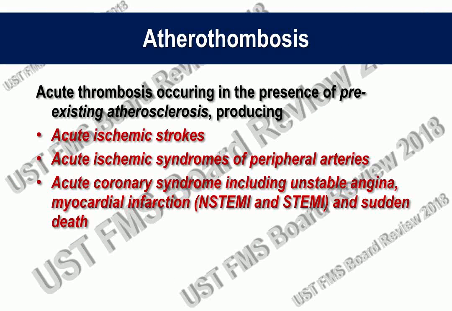Atherothrombosis is defined as acute thrombosis occurring in the presence of a pre-existing atherosclerotic lesion. These events consist of the following: an ischemic stroke, ischemic syndromes of your peripheral arteries, these are your limb ischemia, and of course, the more common acute coronary syndrome, consisting of either unstable angina or myocardial infarction.